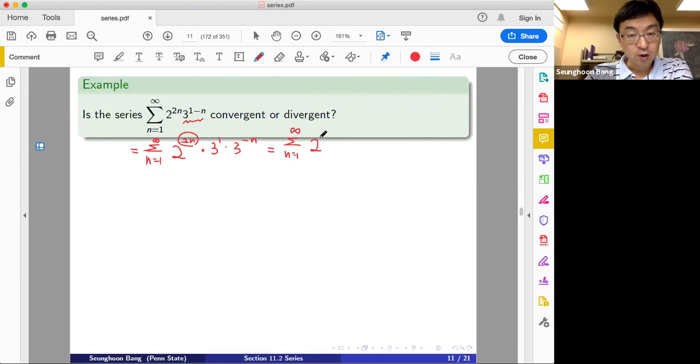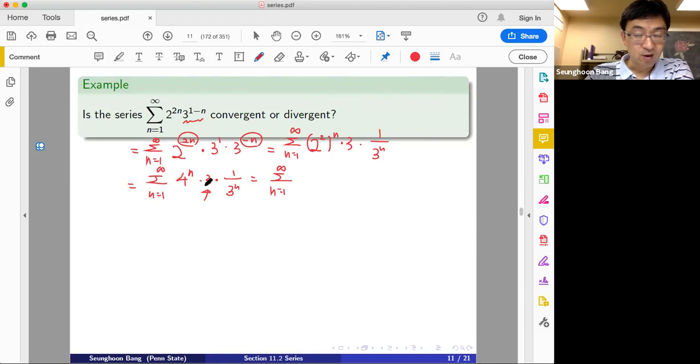How can you do that? 2 squared to the power n form, times 3. One more, the negative power you can change to the positive power, 1 over 3 to the n. So it is the same as summation n equal to 1 to infinity, 4 to the n times 3 times 1 over 3 to the n. This is summation from n equal to 1 to infinity.